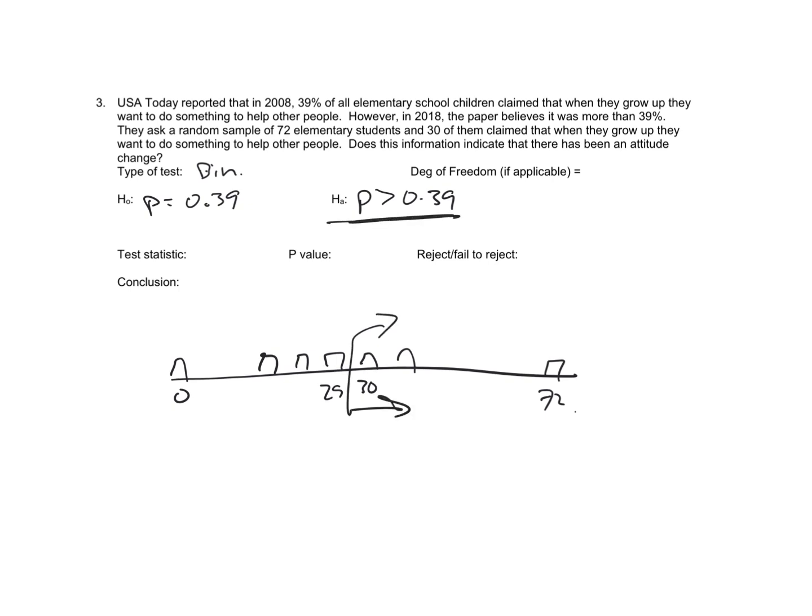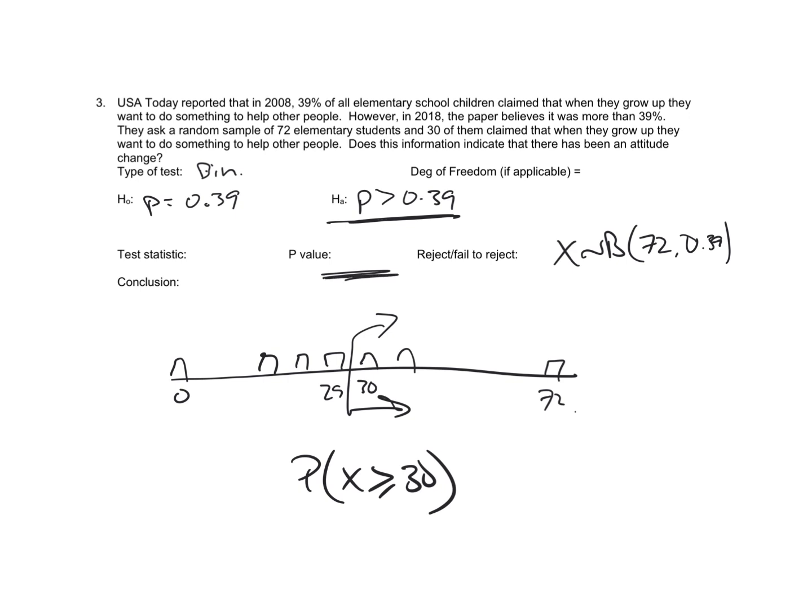Because it's greater than 0.39, I'm going to introduce my random variable X, which is binomial, with 72 being my number of students and my probability of 0.39. I want to find the probability that X is bigger than or equal to 30. If I find that probability, that's going to be my p-value.